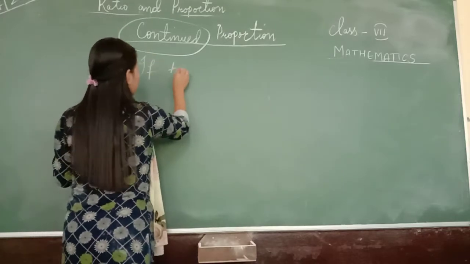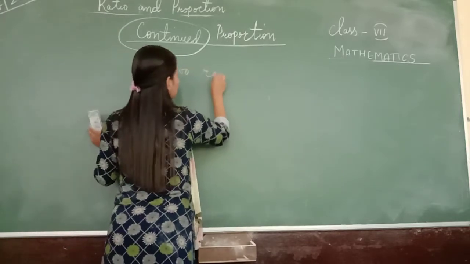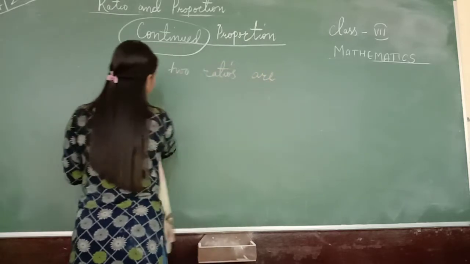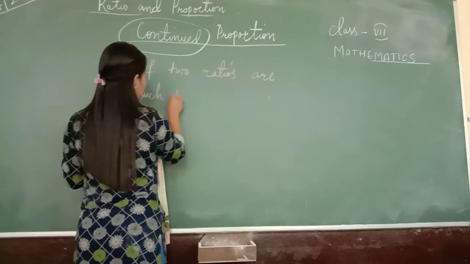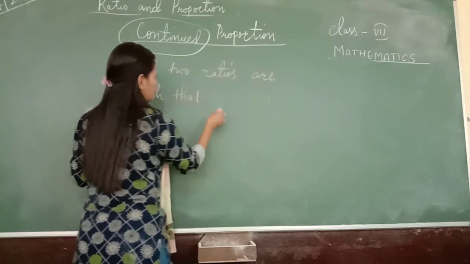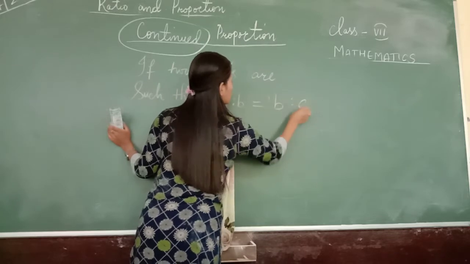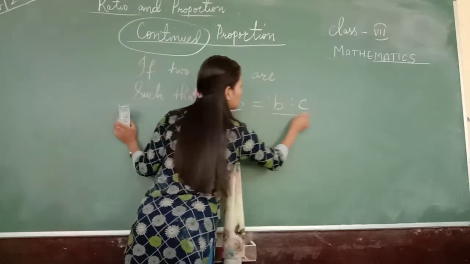If two ratios are such that A is to B is equal to B is to C. So this is one ratio, this is another ratio.